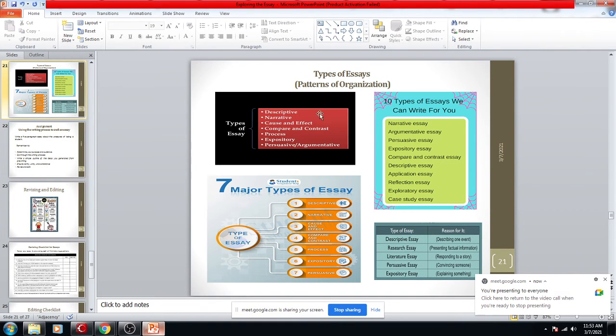Types of essays. There are many types of essays or ways to organize information. So we have descriptive essays, narrative essays, cause and effect essays, compare and contrast, process, expository, persuasive or argumentative, application essay (how to apply to a university or a job), reflection essay, exploratory essay, case study essay, research essay, literature essay.